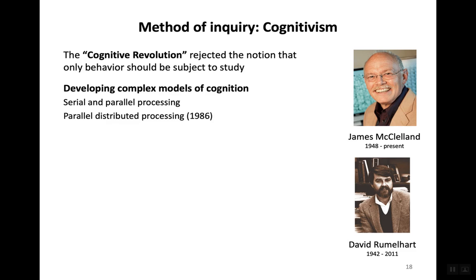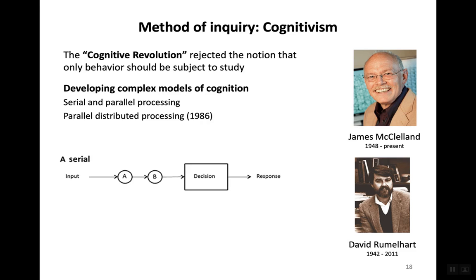So then the question becomes, how do we process that information that aims to relate the input to the output? And James McClelland and David Rumelhart had a fantastic contribution to cognitivism in that regard by innovating and by proposing what is known to this day as the parallel distributed processing framework.